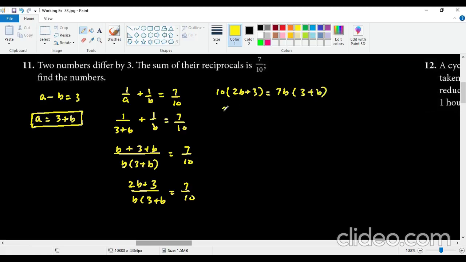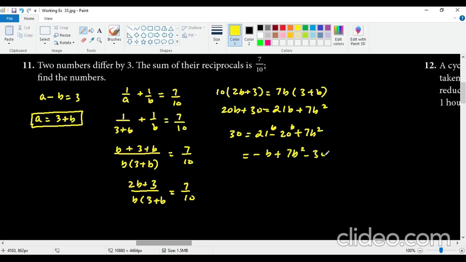This gives us 20b plus 30, and in here 21b plus 7b square. Now we will keep 30 here itself, and 21 minus 20 plus 7b square gives us, this is 21b and this is 20b. So this gives us minus b plus 7b square and minus 30. So technically it is going to be 7b square minus b minus 30.